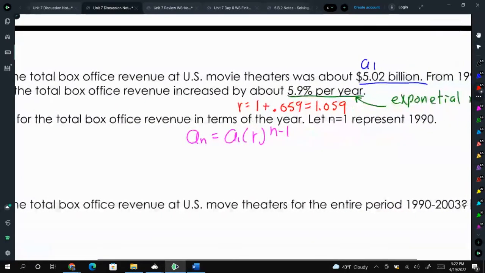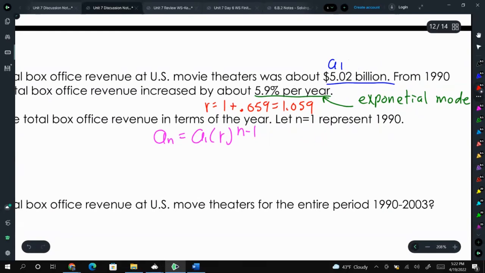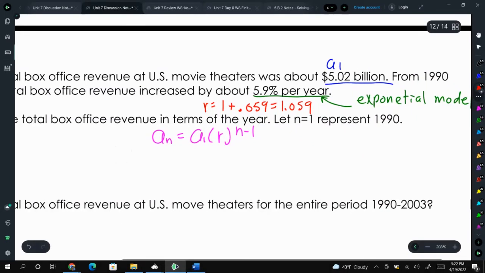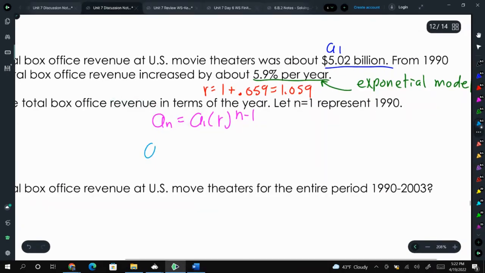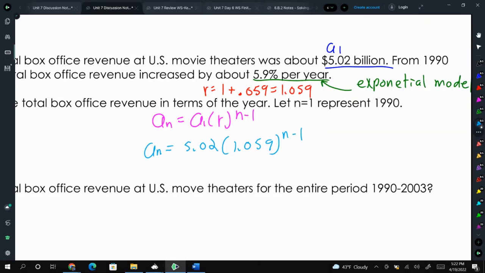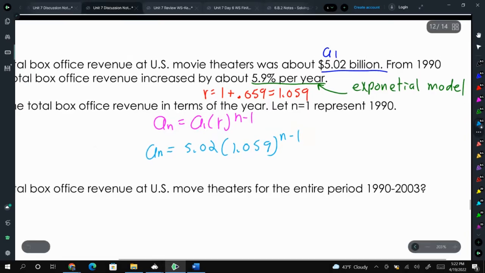Part A is saying write a rule for the total box office revenue in terms of the year. So our rule, a sub n equals 5.02 times 1.059 raised to the n minus 1 power. So that is our rule.